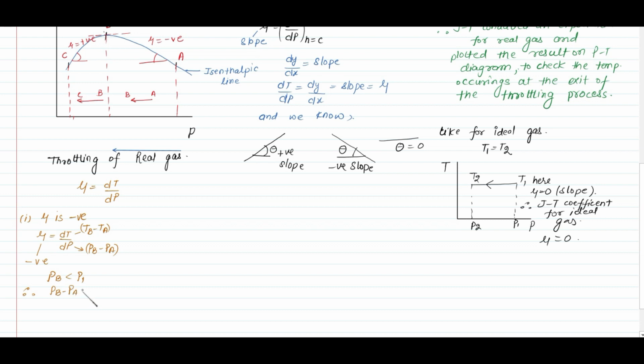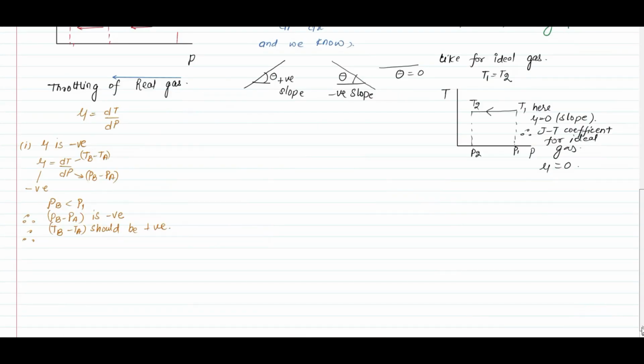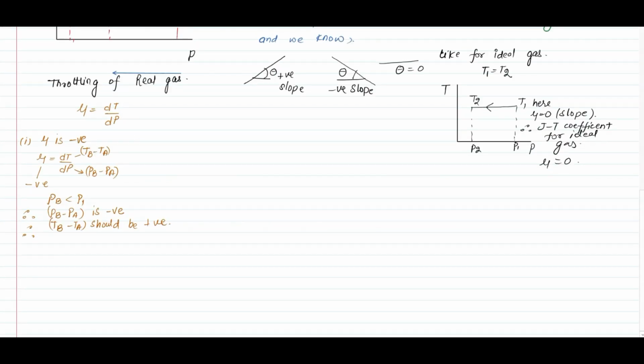Therefore, PB minus PA comes out to be negative. And here, to make the Joule Thomson coefficient negative, TB minus TA should be positive. Therefore, mu will remain negative for section AB. To make the above equation positive, TB should be greater than TA.